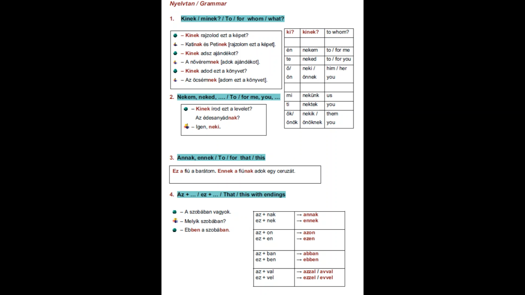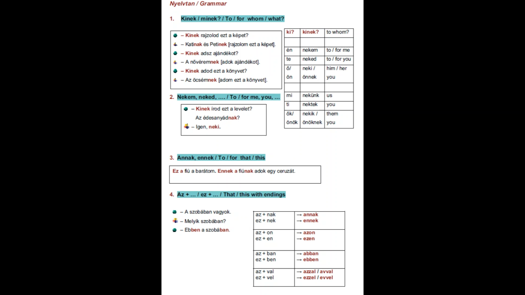So, what does that sentence mean? Do you know what you're saying, what you're reading? Kinek. For whom? Or who? Rajzolod. Rajzol is to draw. Rajzolod is you are drawing. Kinek rajzolod? For whom are you drawing?